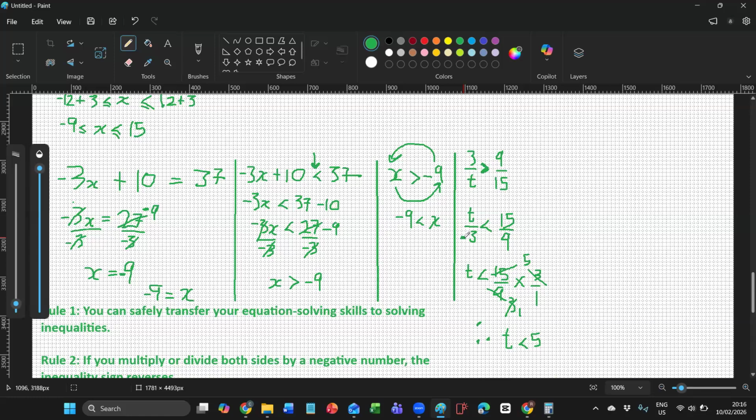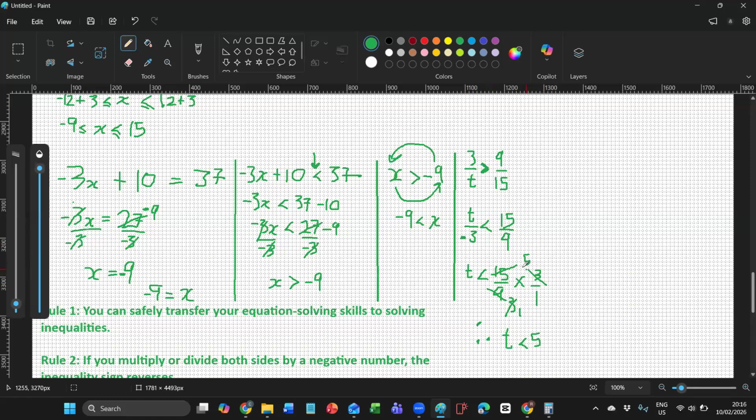Well, it's still the same thing. You will still multiply both sides by, instead of 3 now, -3.